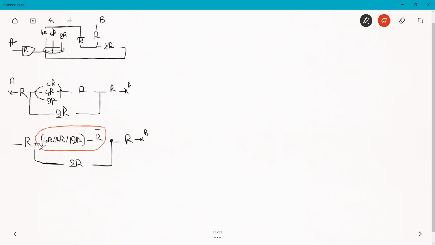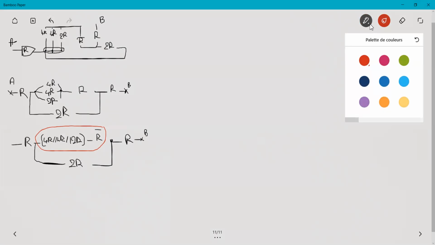But as soon as it enters this resistor, exits this resistor, and enters this one, the same current is flowing through this branch, which means that both of these resistors are in series.